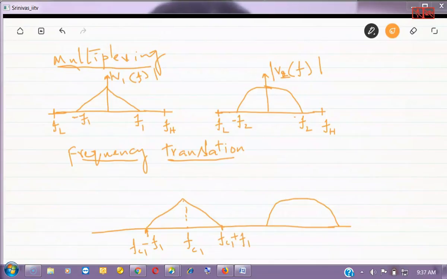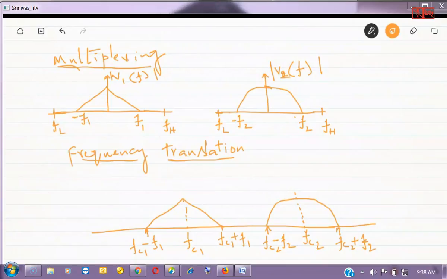And say this is FC2, and this is FC2 minus F2, and this point is FC2 plus F2, right?